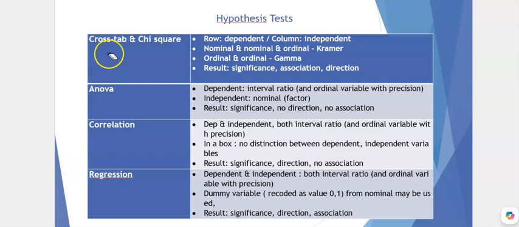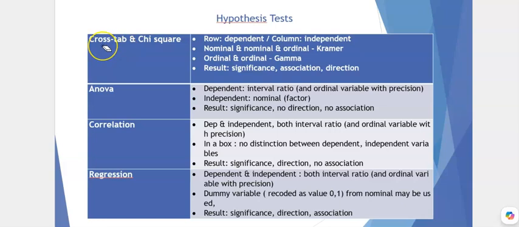So the first one is the cross-tab and then the chi-square test. In fact, they are the same category of test, but when you run the chi-square test, you can obtain the p-value, and then you will see more clearly whether you can accept your alternative hypothesis.